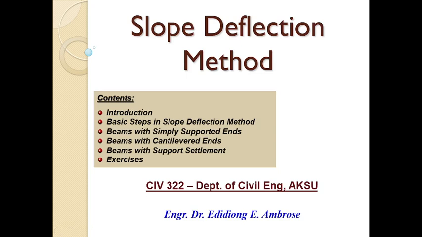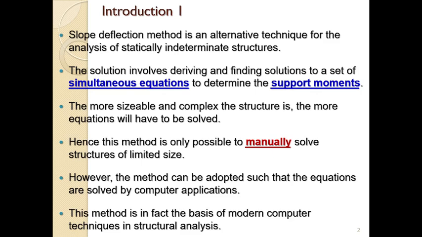Remember, in our previous lesson, we were using the method of moment distribution to analyze statically indeterminate structures. So in our lesson for today, we are using the slope deflection method to analyze statically indeterminate structures. And so let's continue.